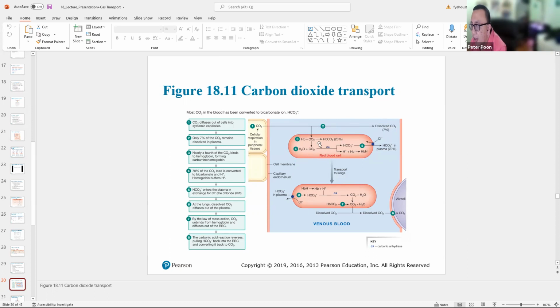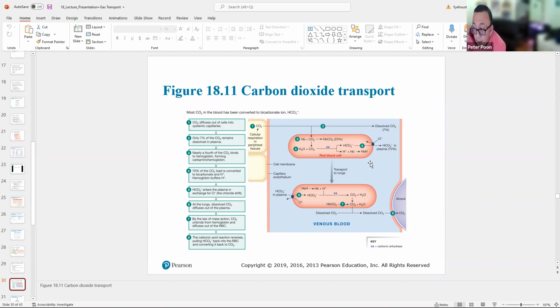In the red blood cell, 23% is held by the hemoglobin, that's fine. Some of it has to be pumped out though. So water plus CO2 goes with carbonic anhydrase to form HCO3 minus.